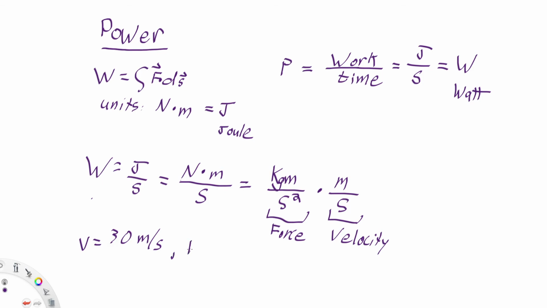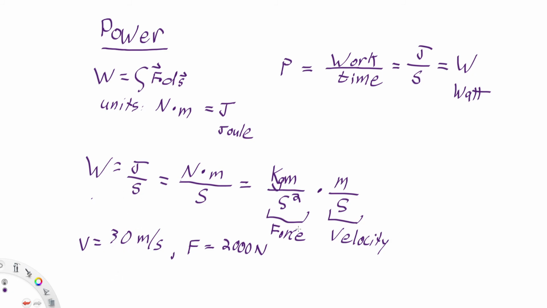If we did some calculations and found that that was in total about 2,000 newtons of force, the question is how much power does our engine have to supply just to keep us moving at a constant speed?